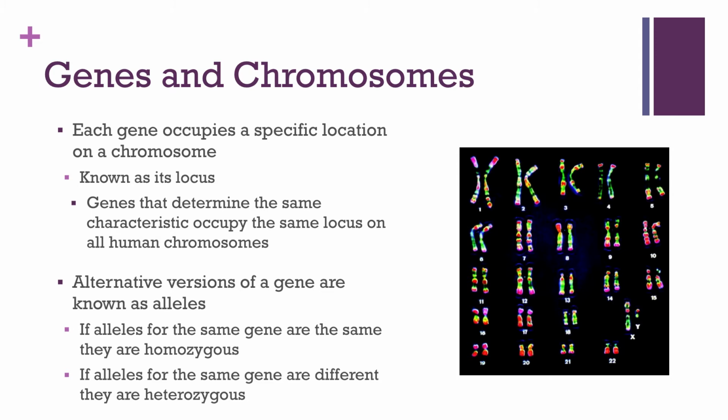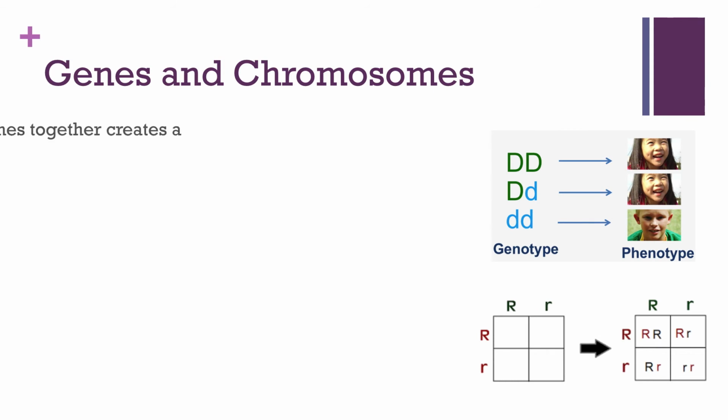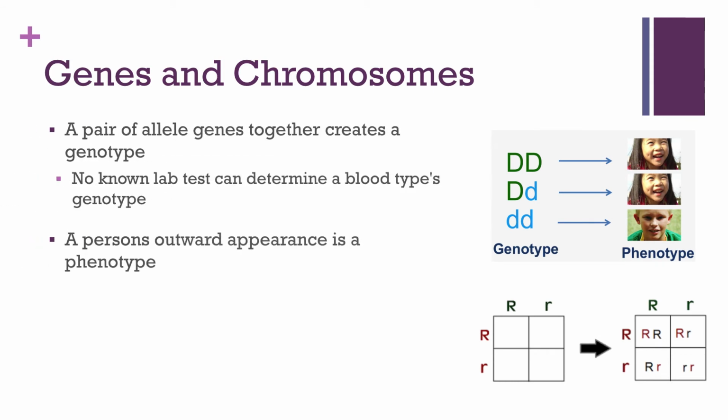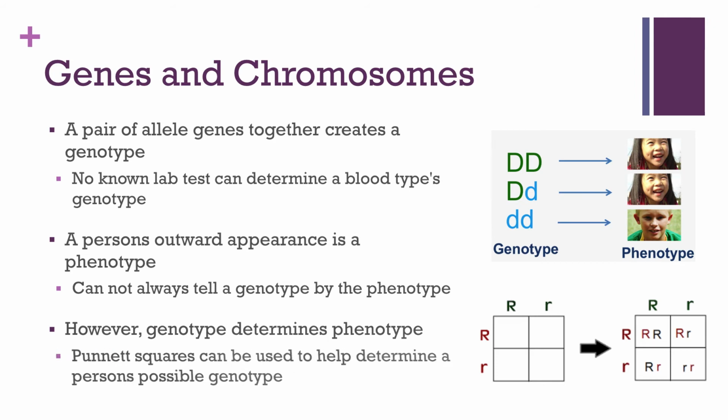In some cases, there are more than just one dominant and one recessive. There may be multiple alleles that are dominant, and in some cases, two dominants that pair up both show, and this is considered to be codominant, which is what we see in our human blood typing with that AB blood. When we look at the chromosomes or the allele pairs, they create the genotype. There's no known lab test that can determine a blood type's genotype.